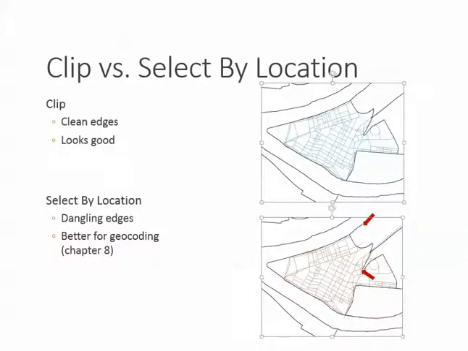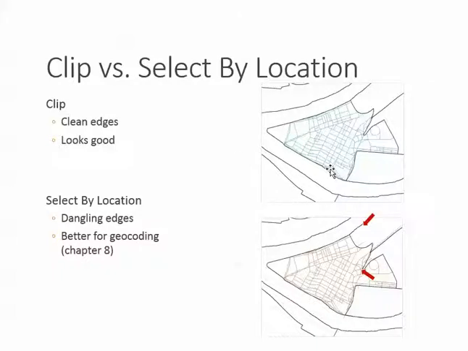So you extracted features by using a tool called Clip, or you can extract features by selecting by location. For instance, I believe this is downtown Pittsburgh. What we're looking at here is two maps, the two versions of the streets within Pittsburgh.